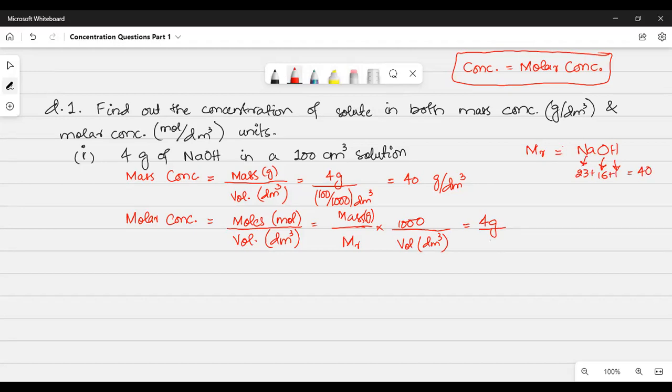You may check it with the help of a calculator. So it's 40 gram per mole, and I'm going to multiply it by 1000 over 100 cubic centimeter. Okay, so 100, 100, this 0, this 0, this 0, this 0. This really is 1 mole per decimeter cube.